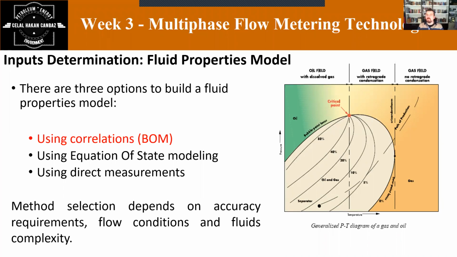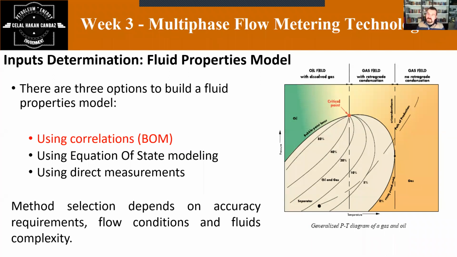You will take a sample of your fluids and make your experiments. Maybe if you have the correct devices, you can do it at the well site, or you will send it to a certain laboratory and get your results of PVT experiments.